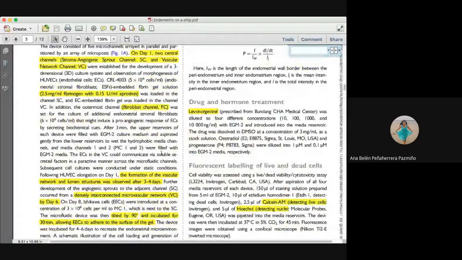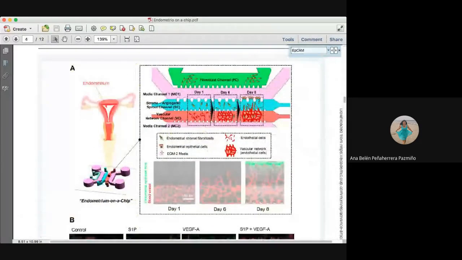So first I would like to show you the structure of this model. As you can see, there are 5 parallel channels, which are separated by these posts. And in the third channel, you can see that the posts have this special shape, which is called crown shape.